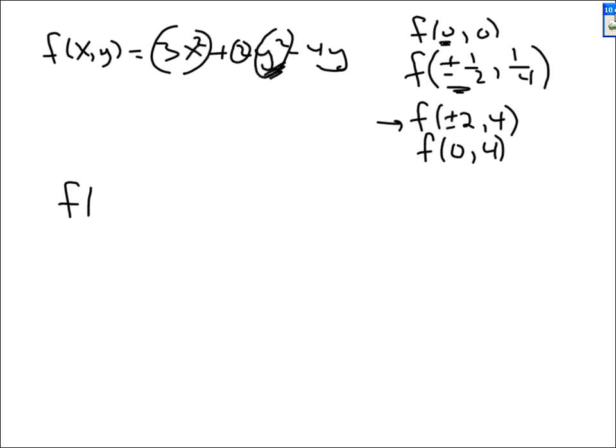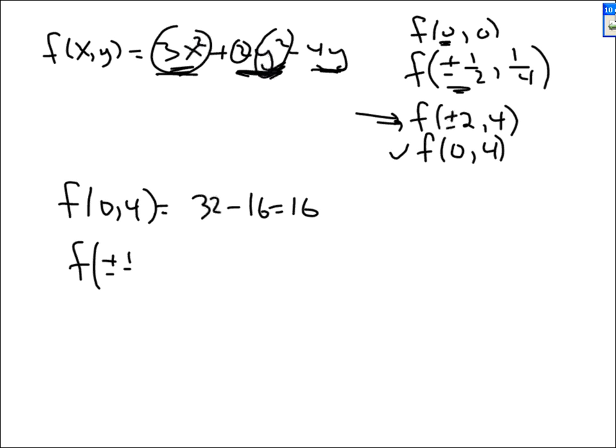So f of 0, 4: 16 times 2 is 32, minus 16 is 16. Okay, so we did this one. Now, we're always squaring the x's, so we don't have to do the plus minus 2 separately.